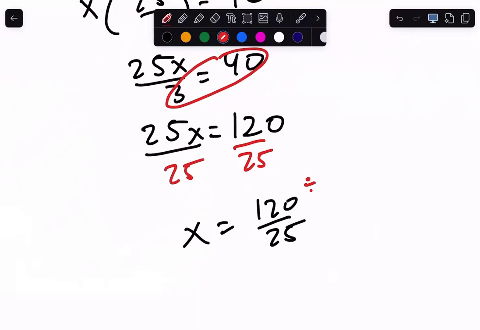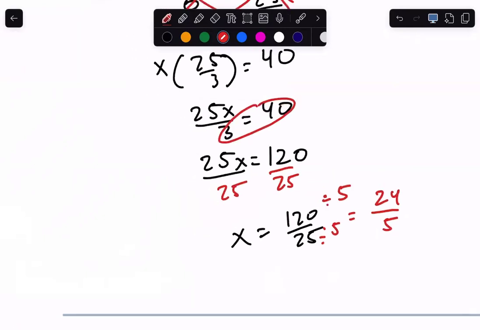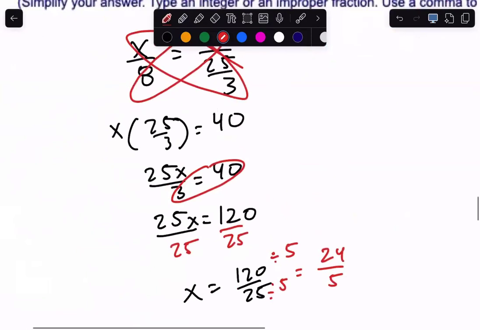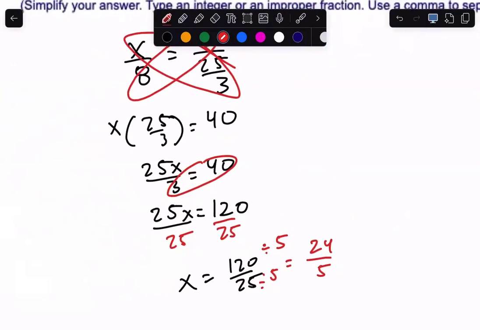Is there a bigger number that goes into it? 25, nope, 20, 25. We'll see, we'll go by 5. So let's see, 120 divided by 5 is 24. 25 divided by 5 is 5. So is that the same answer? Hey, look at that. We still get the same answer.